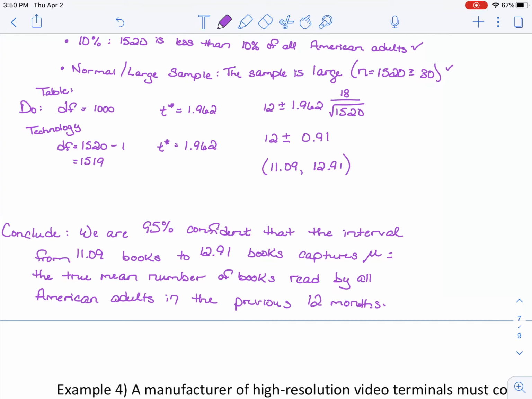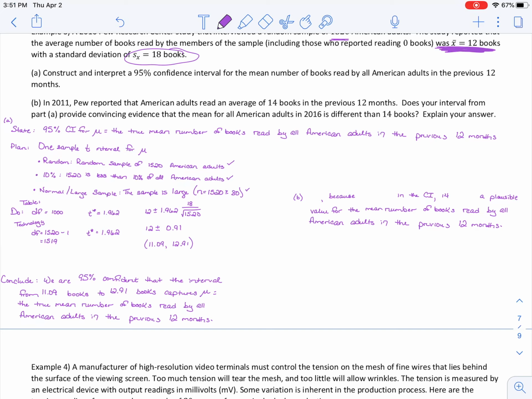So that's actually creating it. There is a follow-up question for this one. Part B says, they reported that adults read 14 books in the previous 12 months. Do we have evidence that it's something different than that? So looking at this interval, remember, these are the plausible values for what mu could be. Is 14 a plausible value for what mu could be?